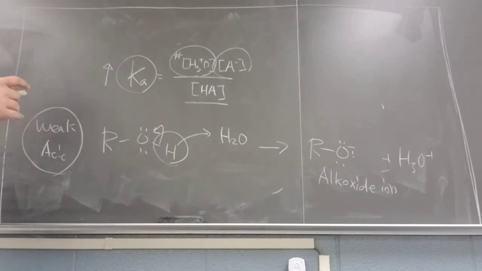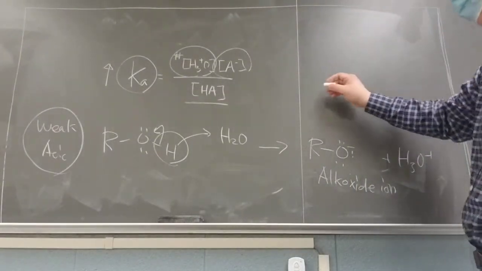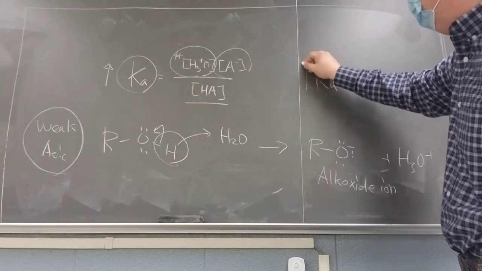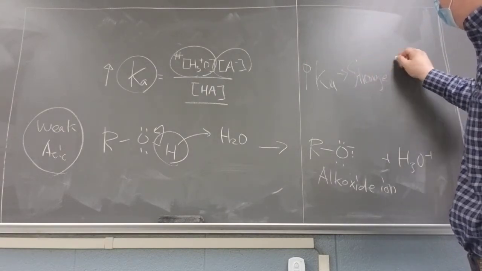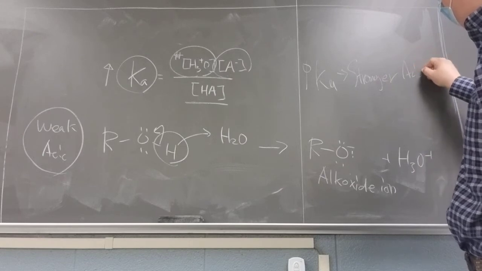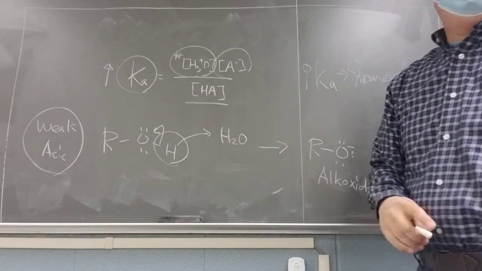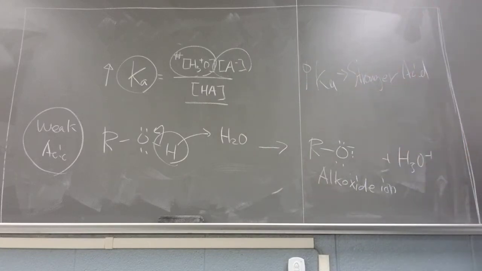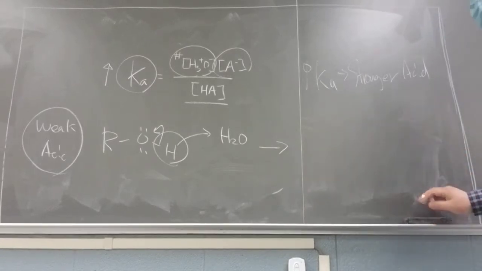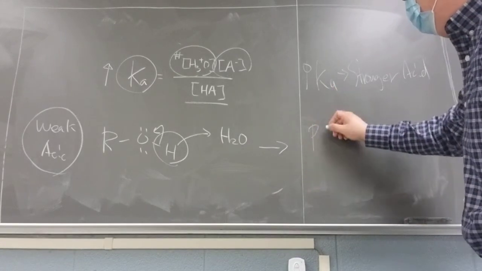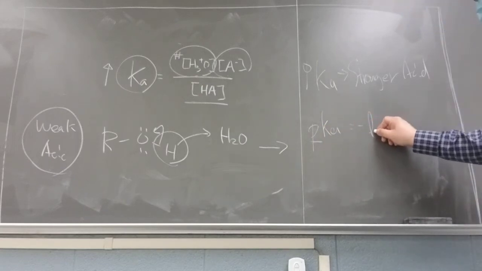Okay, makes sense, right? But this is kind of a tricky one. If Ka is higher, that means a stronger acid here, because you have a higher dissociation from the compound that will give it more hydrogen cations, or protons, you can say. Then what we normally use instead of Ka is pKa, which is a negative log of Ka.